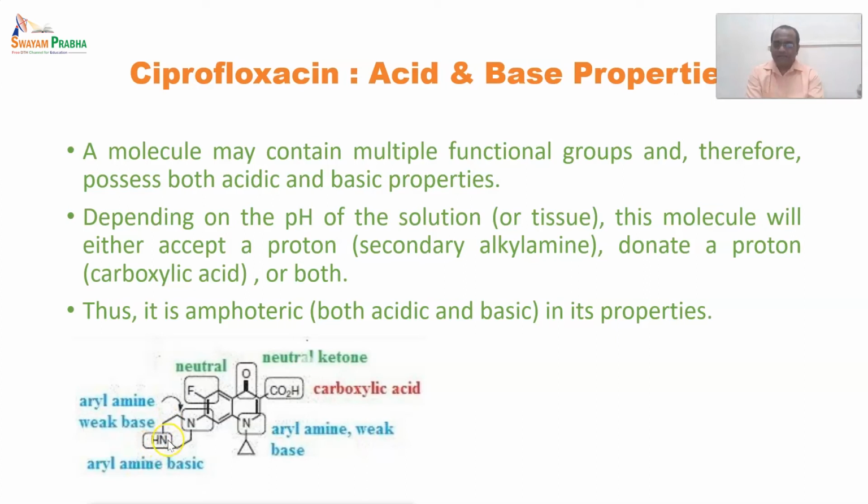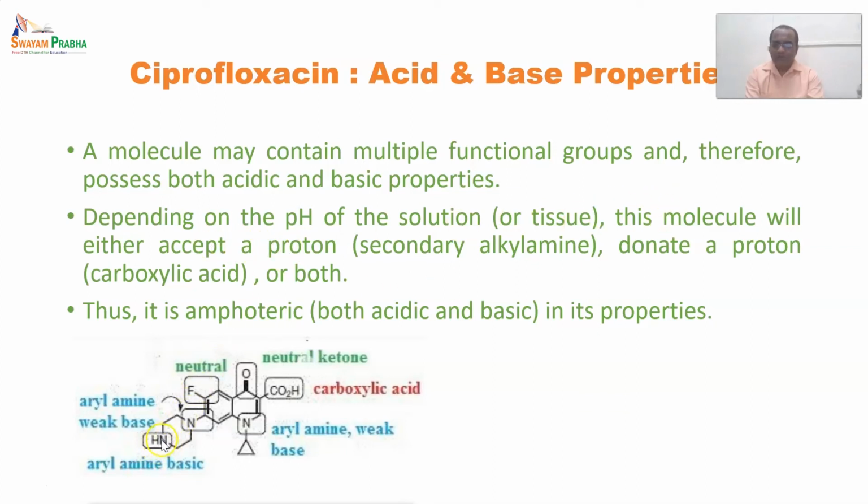And this one is a secondary structure because it is having a hydrogen from one side, but these structures are tertiary type, so they are not having a hydrogen. And when it acts as a base, this nitrogen will have one more hydrogen over here, that is, it accepts a proton.